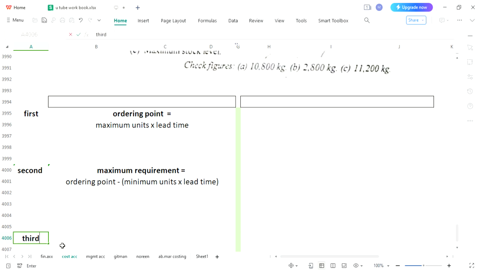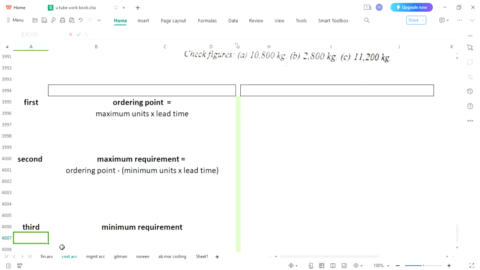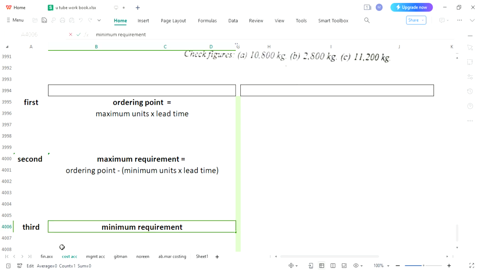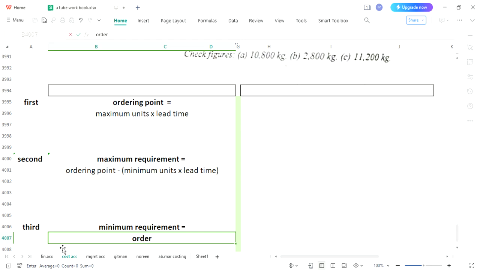This would be associated with the minimum requirement. And for the minimum requirement, again you need the ordering point, and you will subtract the average number of units multiplied by its own lead time.